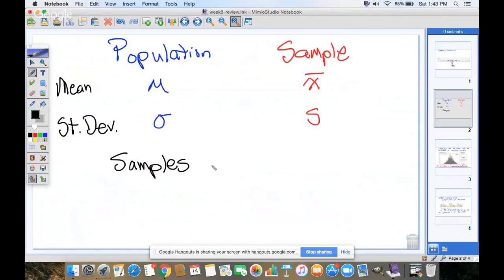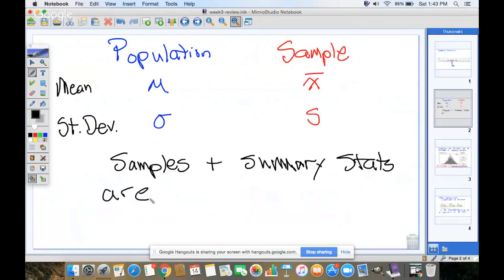Samples and summary statistics are used to predict population values. So pretty soon we're going to start getting into what's called inferential statistics.